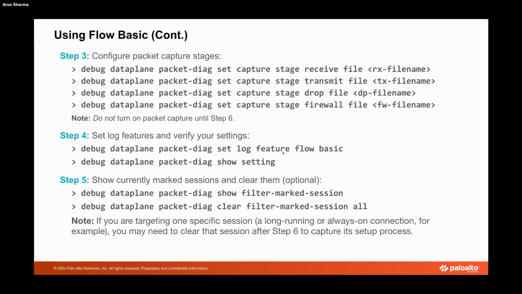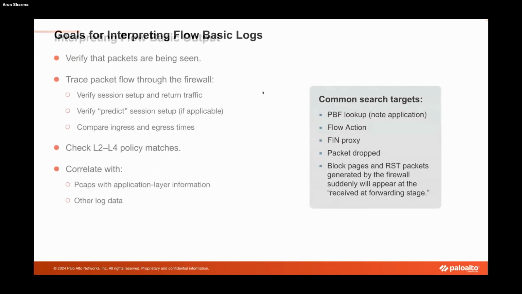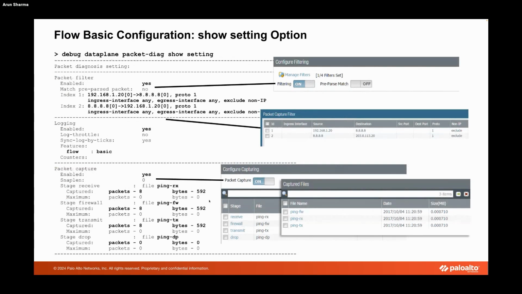So we turn the feature on, which is flow basic, and with the second command, step 6, debug dataplane packet-diag set log on, we enable the logging. Okay, and then it's again packet capture enable yes, packet capture on, same thing. And what are the files captured? So all staging is here, how many packets we have captured.